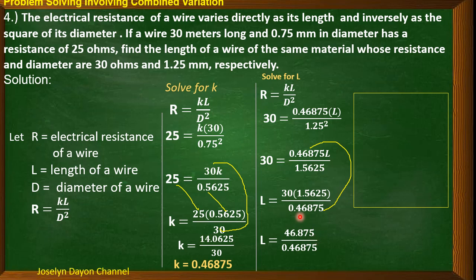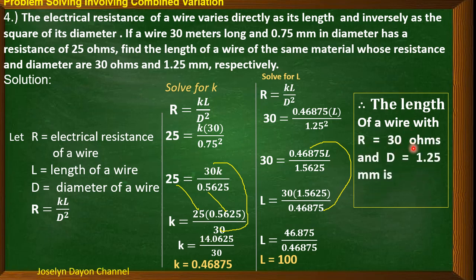Divided by 0.46875, our answer is 100. So therefore, the length of a wire with resistance that is equal to 30 ohms and diameter that is equal to 1.25 millimeter is 100 meters.